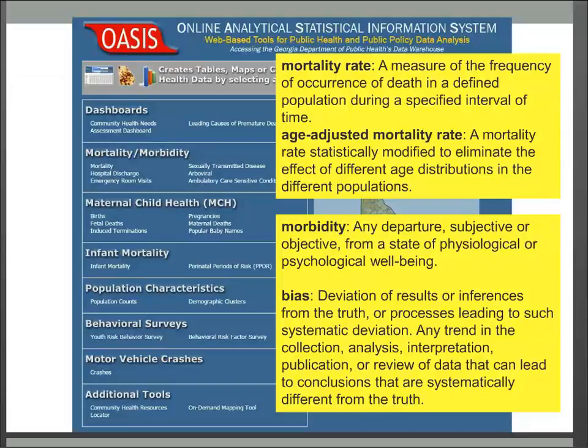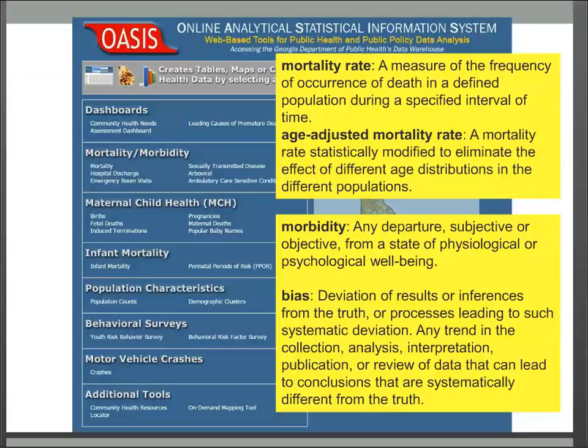Now, an age-adjusted mortality rate, if available, is even better because it takes away the effect of age on mortality. For example, you're going to find higher mortality rates in areas where there's an older population. But an age-adjusted mortality rate takes away that bias associated with mortality, and so again makes it even more comparable.